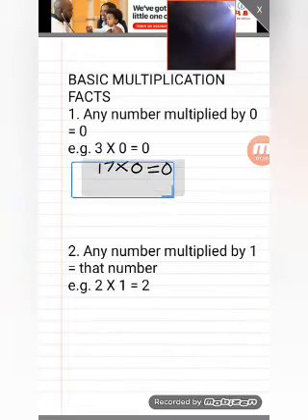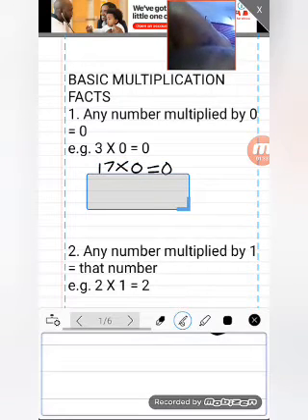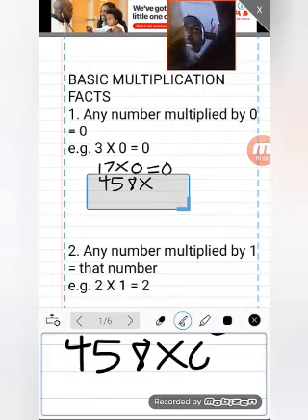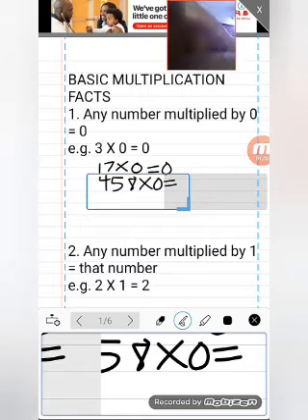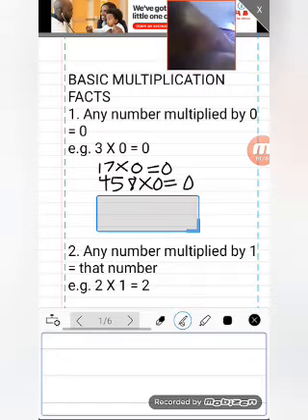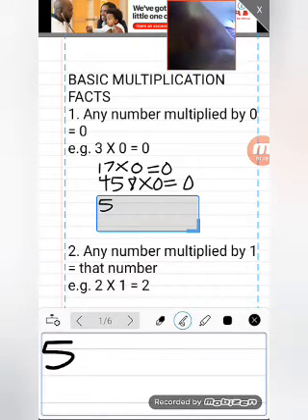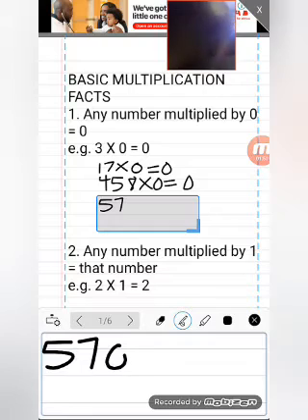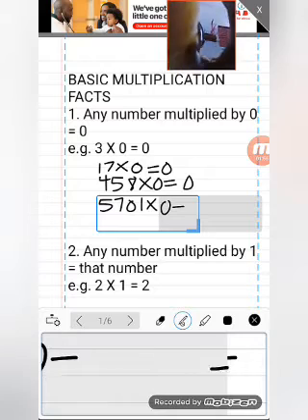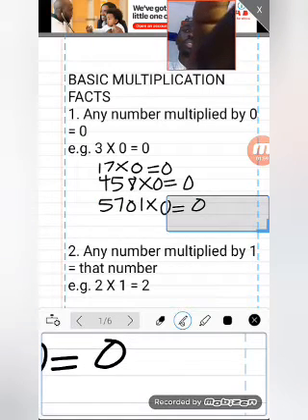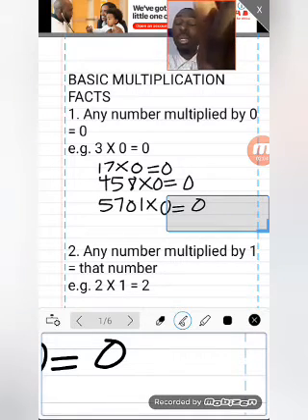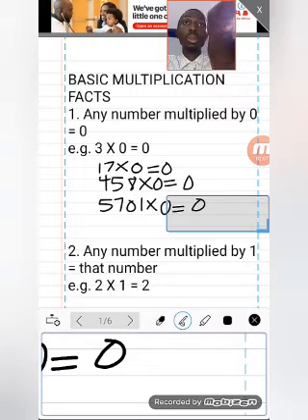Let's say we have maybe 458 multiplied by 0, it is still equal to 0. Let's even have a bigger number, maybe 5,701 times 0, it is still equal to 0. So no matter the number you are having, any number multiplied by 0 is equal to 0.